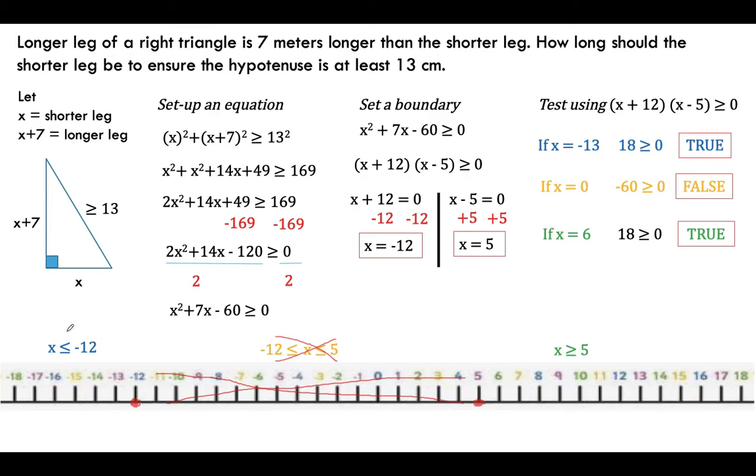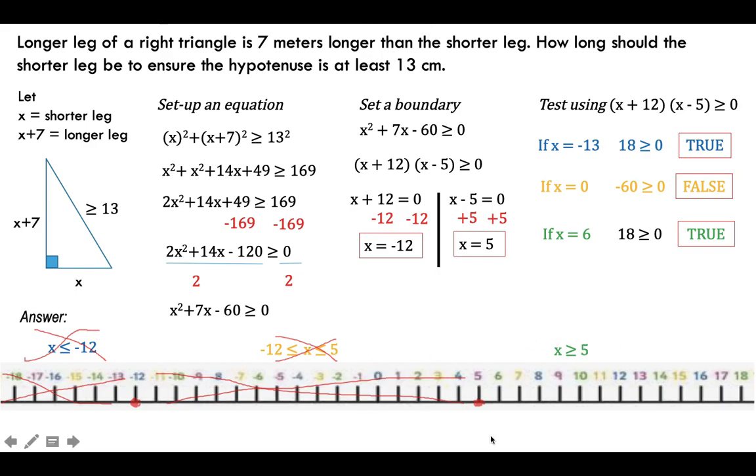But since we are looking for the length, the question is how long should the shorter leg be? When it comes to length, there is no negative measurement. So we will also disregard this one. Although this region satisfies our original inequality, we are looking for positive numbers only because we are looking for a distance, so disregard this one. So only this one is accepted.